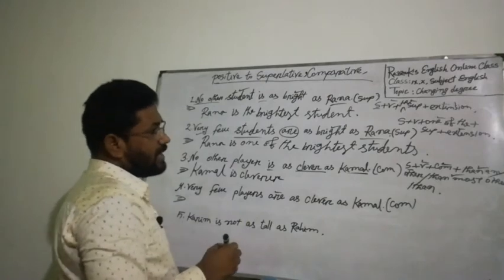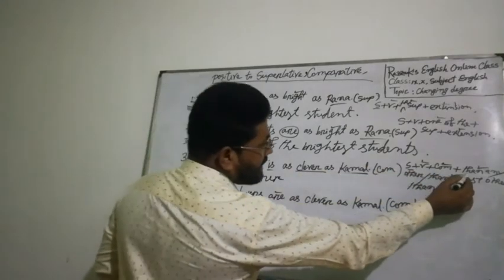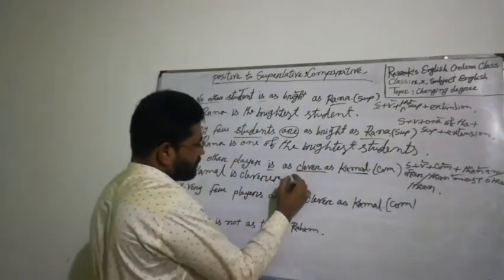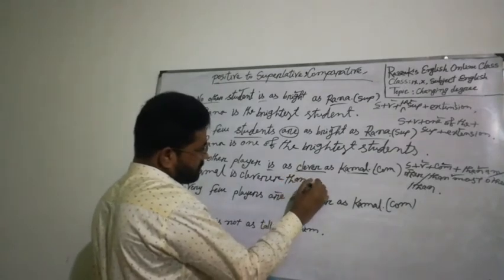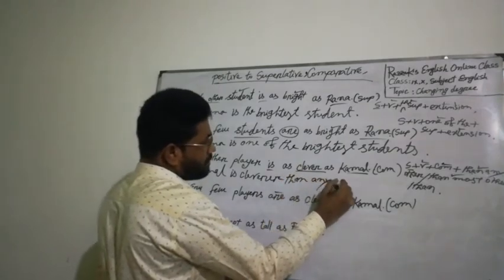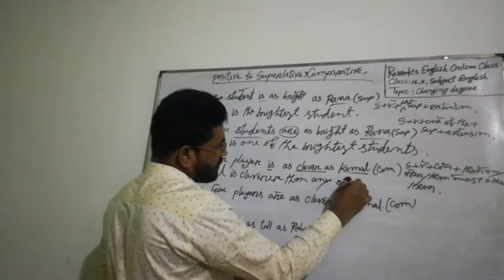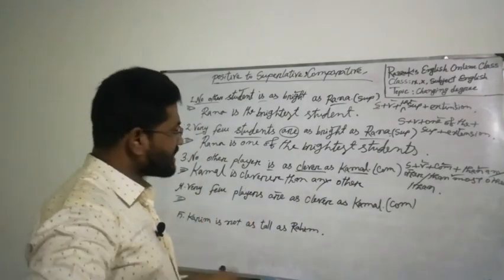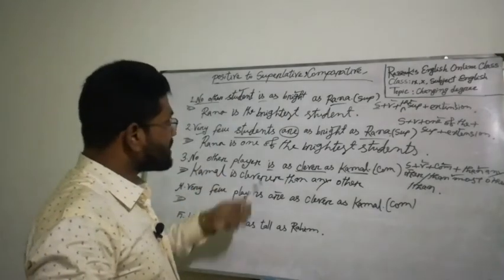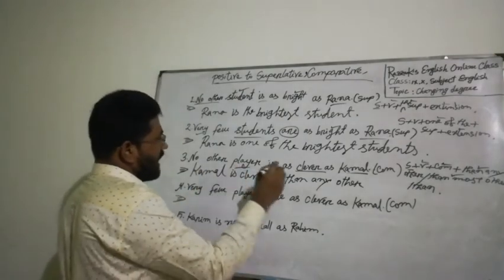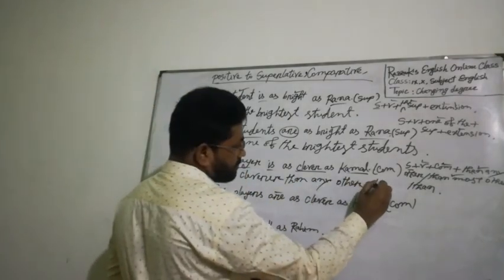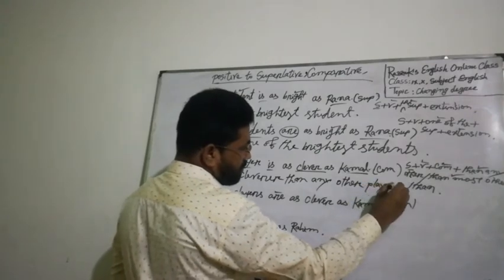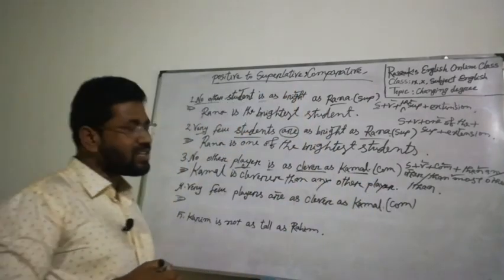Then you have to write then any other. And dear students, at last you should write the extension of the sentence. The extension of the sentence is player. This is the answer of this sentence.